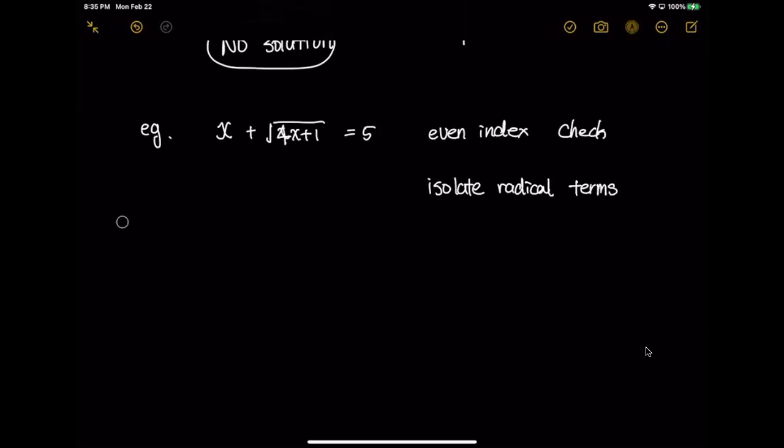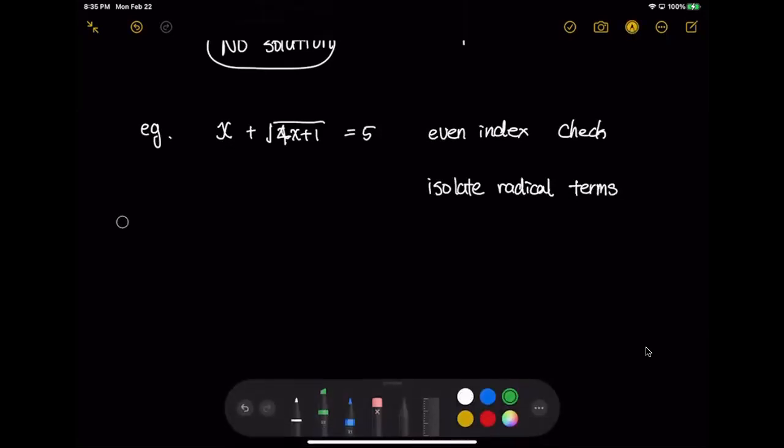So look, here you have one radical term. You want to isolate that part. That means you want this one to be the only item on the left side of the equation. So I want to move x to the right side. So I subtract x on both sides. I have square root of 4x plus 1 equals 5 minus x.